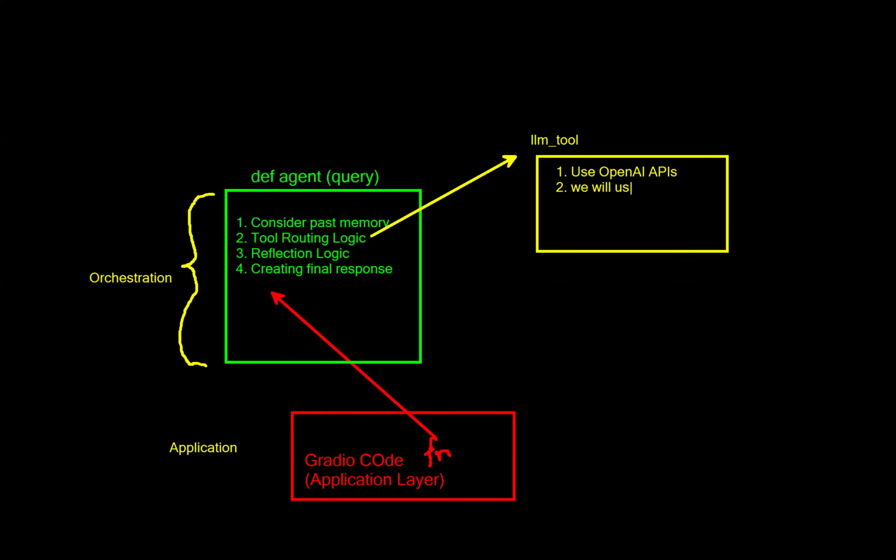We will use these Python APIs to hit the query to OpenAI models. When I'm talking about OpenAI models, it is GPT-4 or GPT-5, those are the models, right?